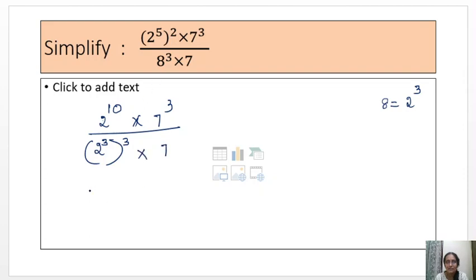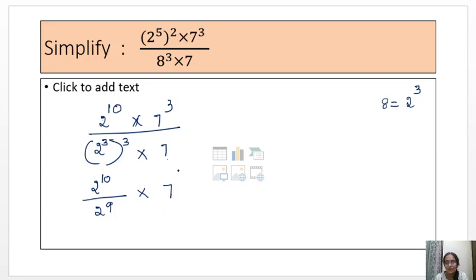It is 7. Now 2 to the power 10, and it is 2 to the power 9, 3 into 3, 9. We have to use the law (a power m) whole power n, into directly 7 by, it is division, 7 power 3 by 7.